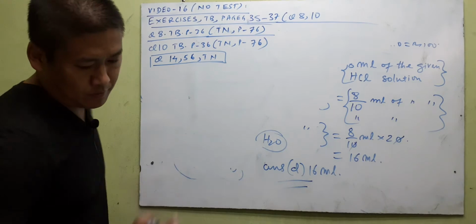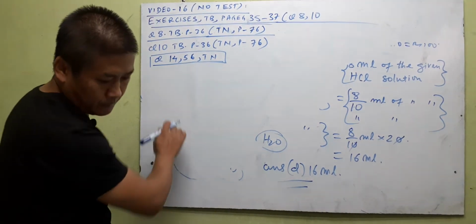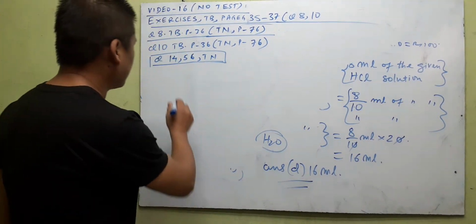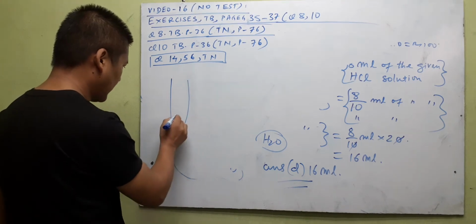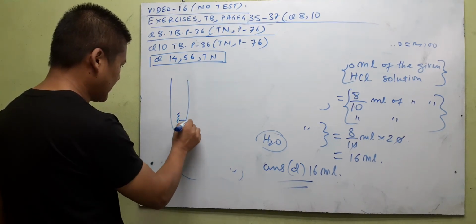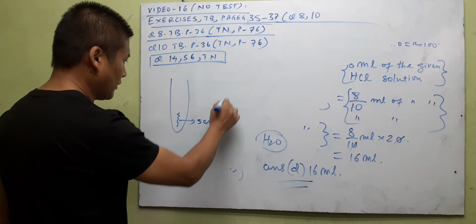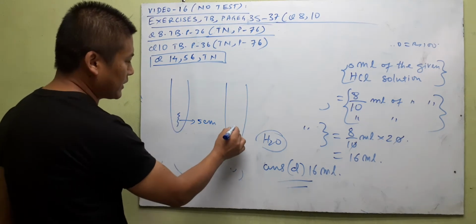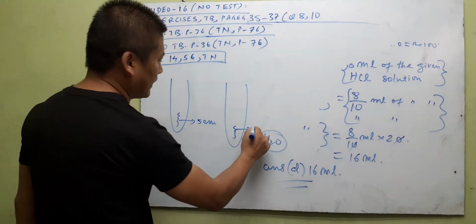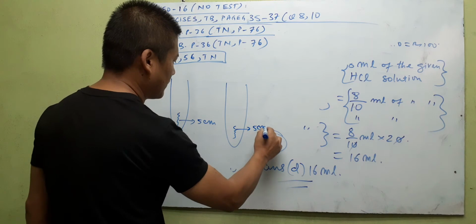And let me tell you this. This is what equal lengths of magnesium. So this is the magnesium ribbon, let us say, 5 centimeter long. From the same ribbon you cut out equal length, 5 centimeter long.